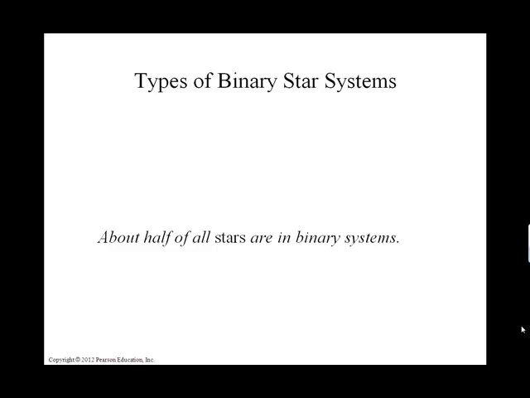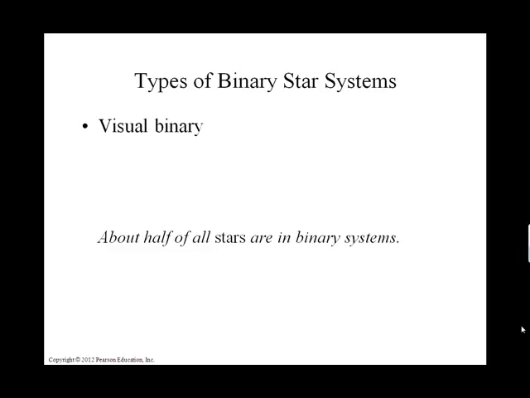And oftentimes, if they're similar in size, they will orbit a common center of mass. Fortunate for us, over half of the stars up there actually have what we call a companion star. And in some cases, we have a set of three or even a set of four stars that are gravitationally affecting each other, gravitationally hanging out.